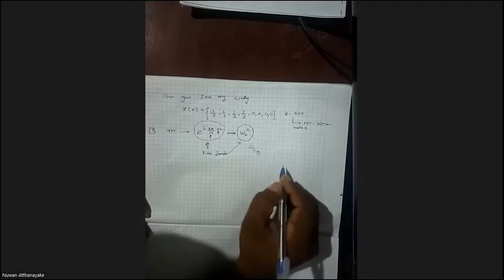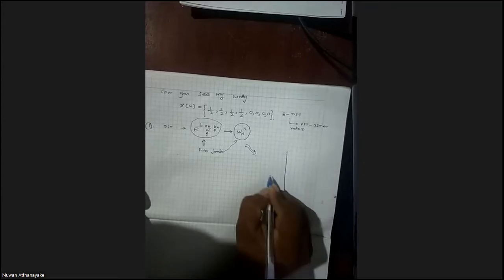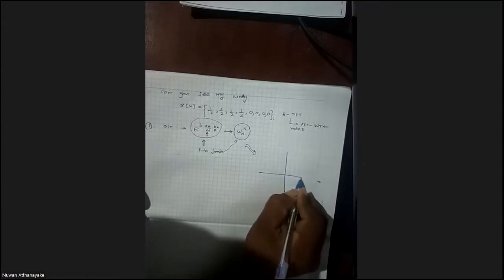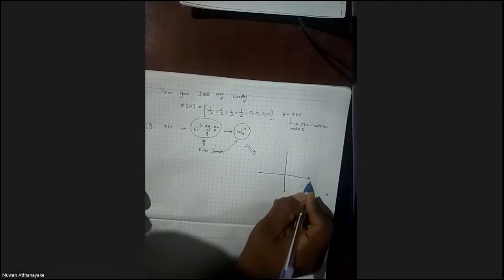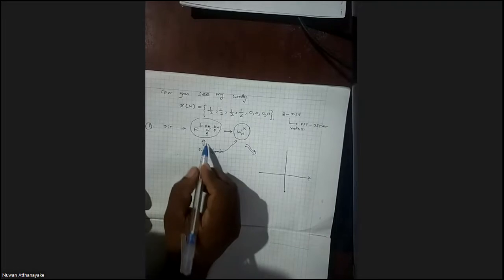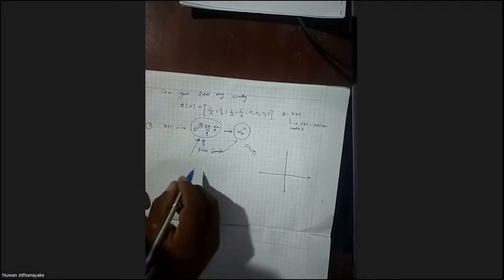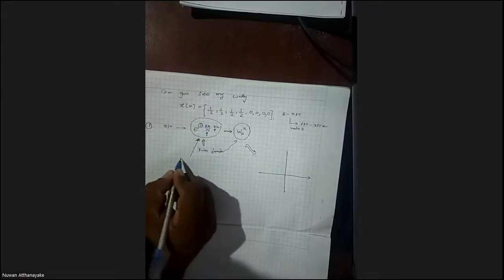The procedure is that you draw a complex plane. Why do I use a complex plane? Because this value is a complex value, because there is a j term.